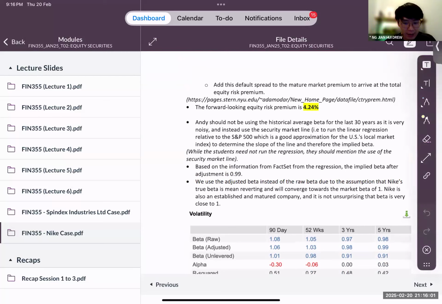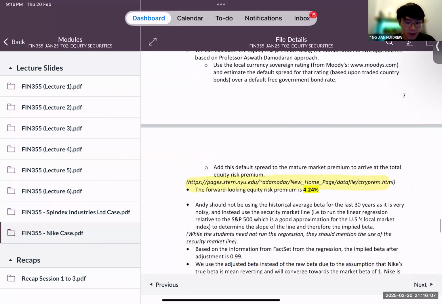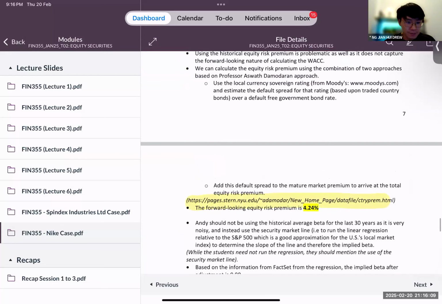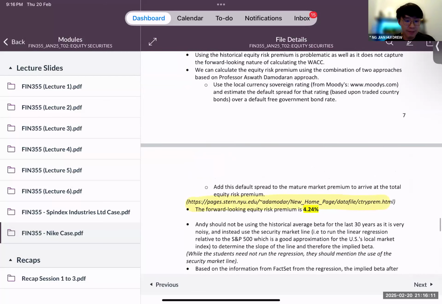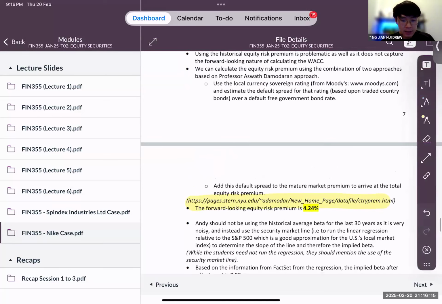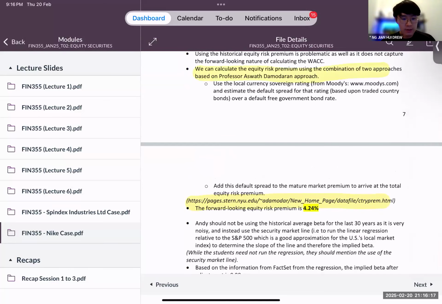I'm not sure I can highlight here. This one is very good. This is to determine your equity risk premium, so look at this. This is also very important.